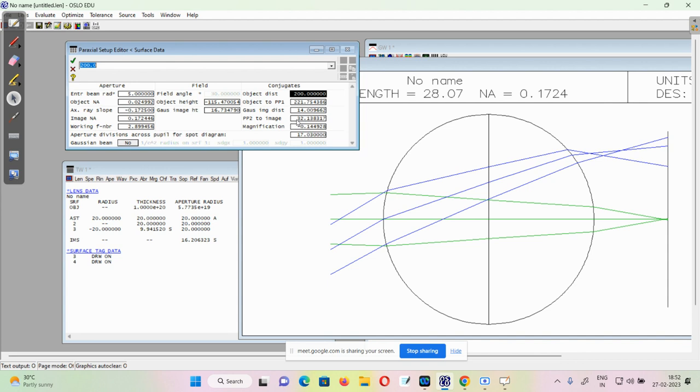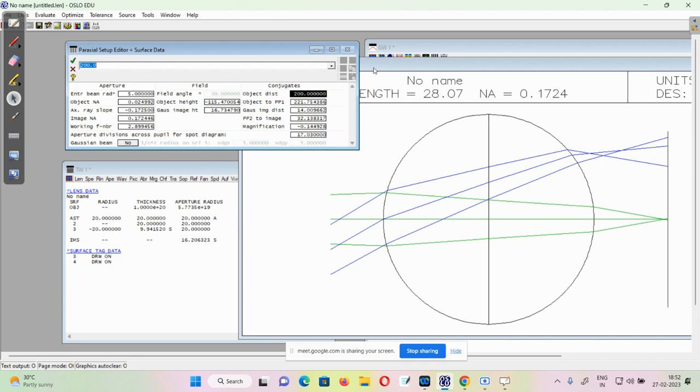All the rays will be parallel only if my object is at infinity; then only all the rays coming from that point will be parallel. So this is a finite distant object, and I cannot just say that the image distance is my focal length. So this image distance I cannot take.